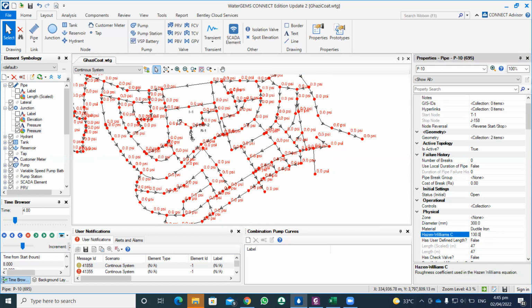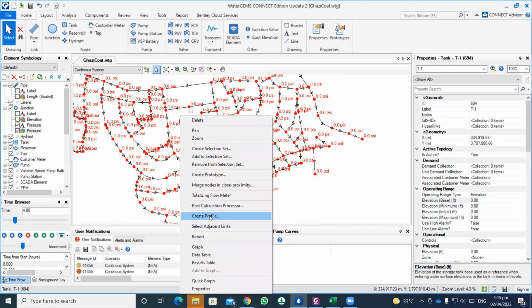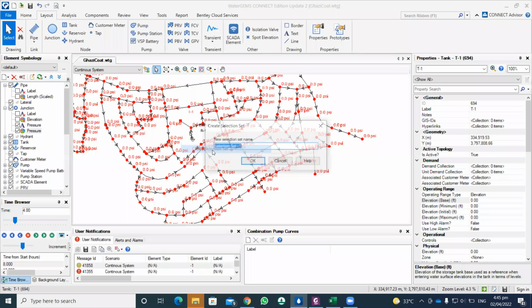Okay, so I will define the parameters of a tank. First of all, the base elevation. I want to calculate the base elevation of this tank.